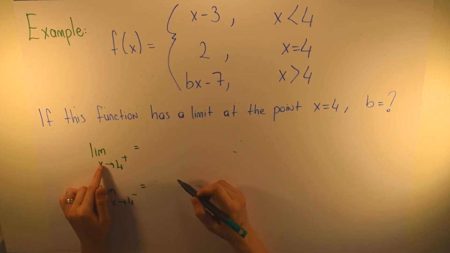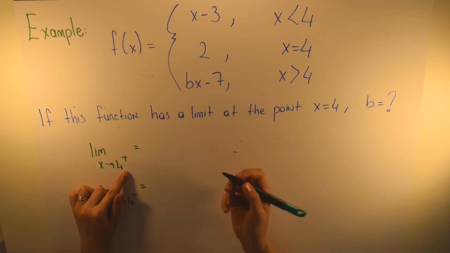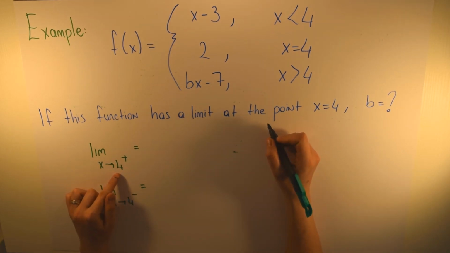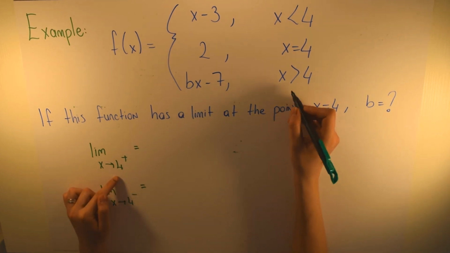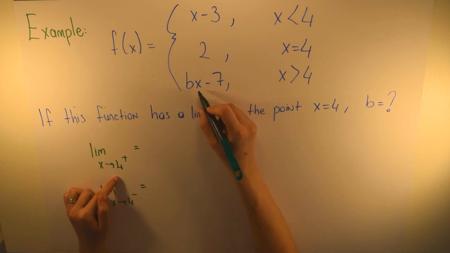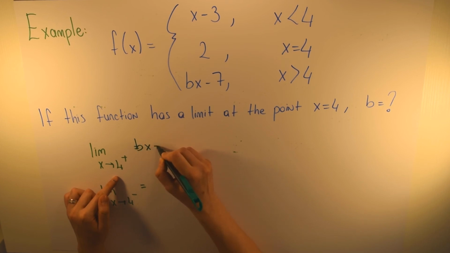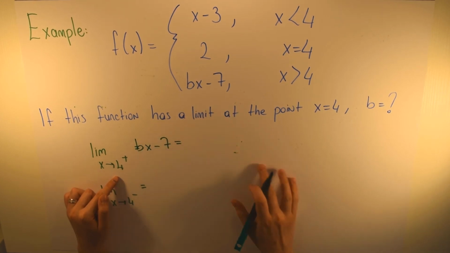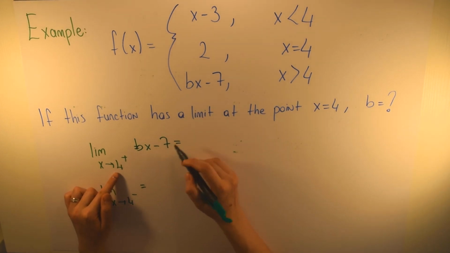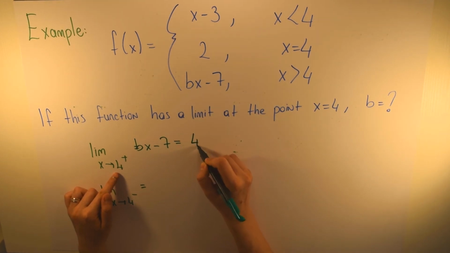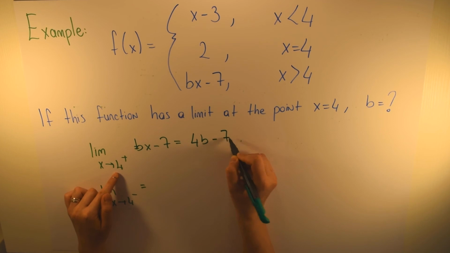So when the limit as x approaches 4 from the right side, it means that I will look at the values greater than 4, which is this function, right? So I will use bx minus 7 here. Instead of x we put 4, so it is equal to 4b minus 7.